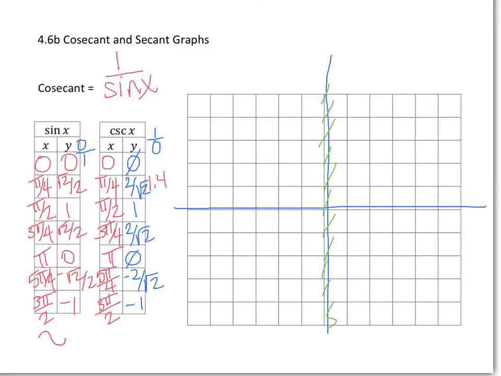So I know when I get to pi over 4, I need to be up a little bit above 1. At pi over 2, I need to be at 1. 3 pi over 4 above 1. And at pi, I'm going to have another asymptote.